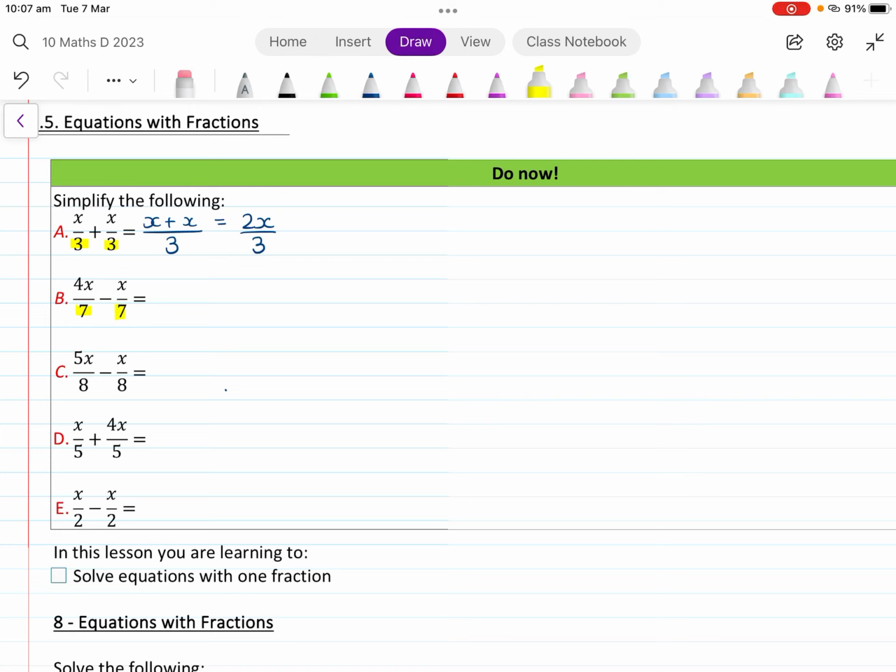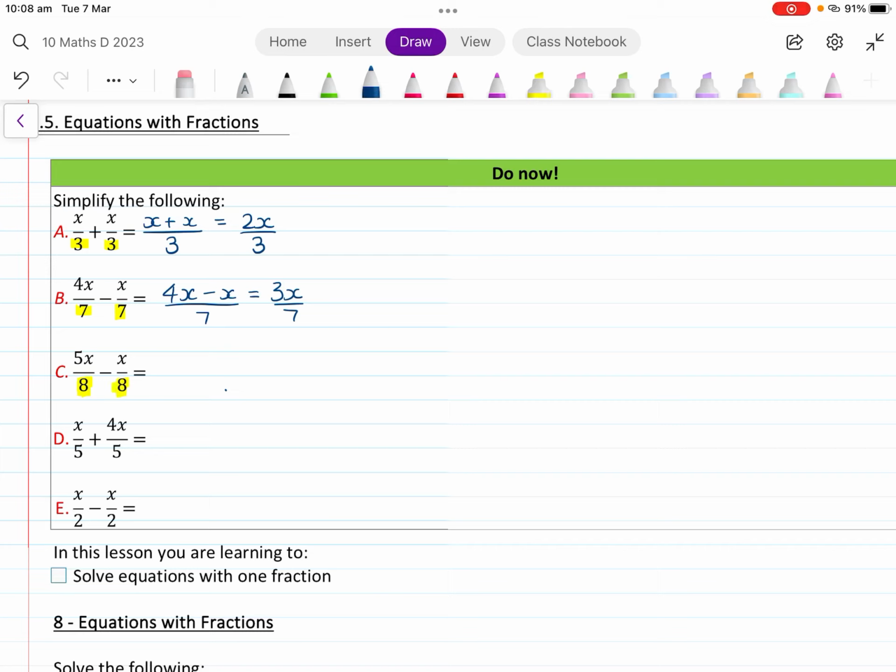Because we again have the same denominator for both fractions, we can subtract our numerators, 4x take away x, and put it over our denominator of 7. 4x take away x leaves us with 3x over 7. For c, we have 5x over 8 minus x over 8.